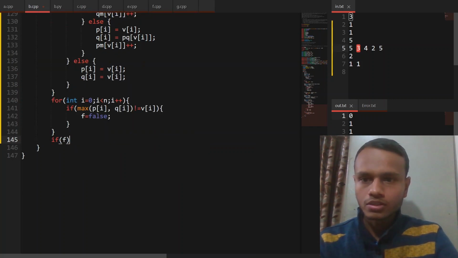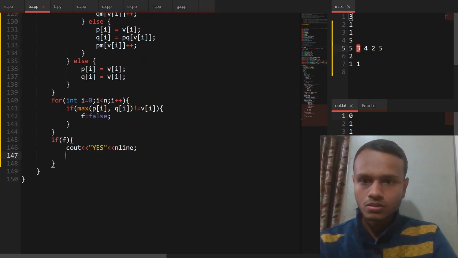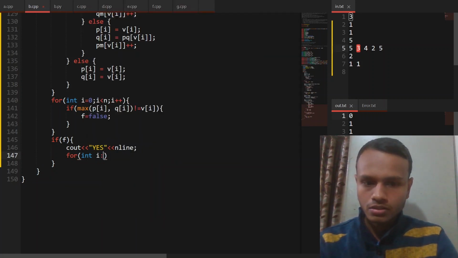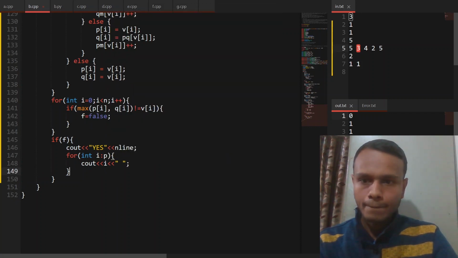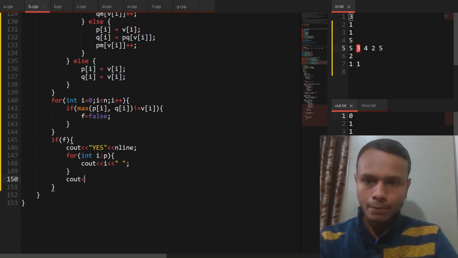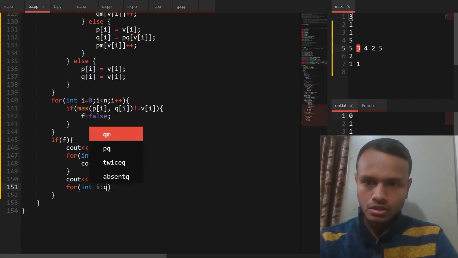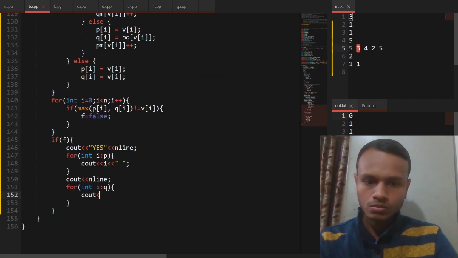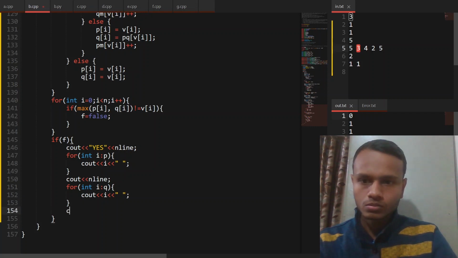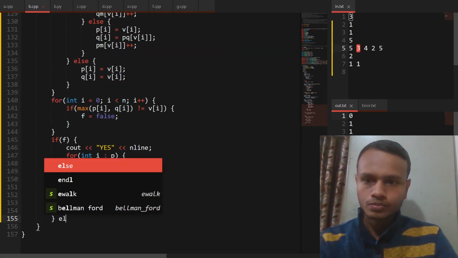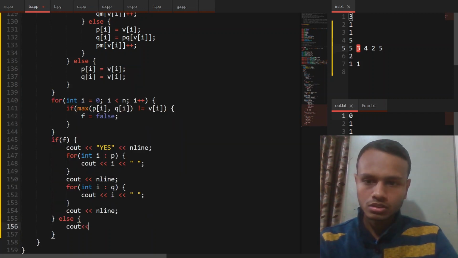So if F, then print I in P, I in Q, else just print no.